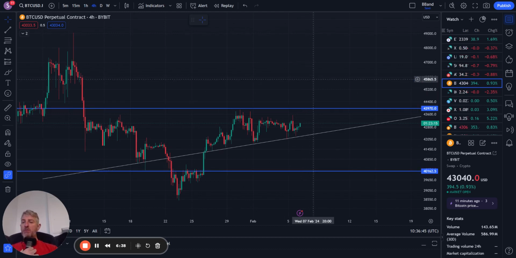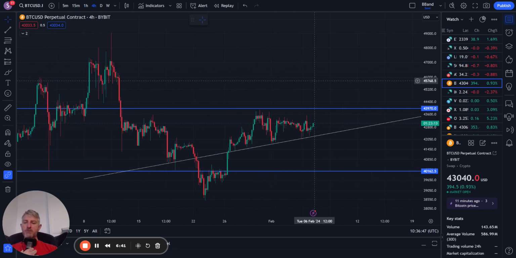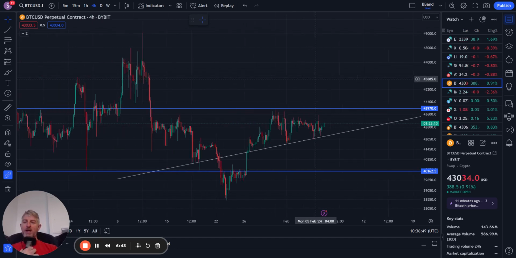And a good target, excuse that very loud cough, a good target following resolution to the upside would be 46, really. I don't think it'll shoot straight up there. Maybe some pauses halfway up and maybe a pause halfway down.